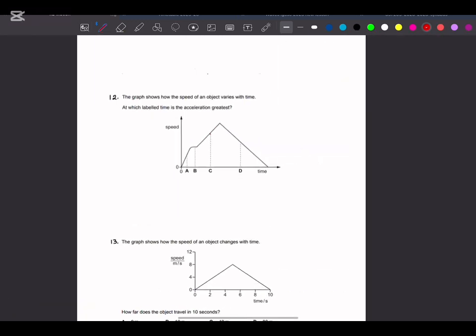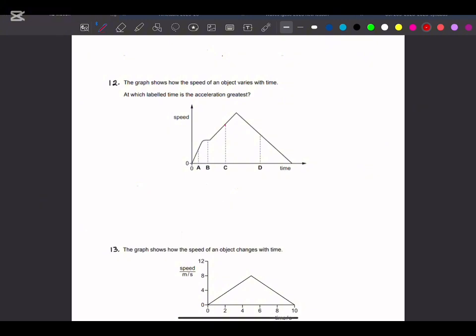Then question number 12. The graph shows how the speed of an object varies with time. Again, we have a speed time graph. At which time is the acceleration greatest? Again, the simple thing is that when you talk about acceleration, you know that if you have the speed time graph, then the gradient of the speed time graph gives you the acceleration.